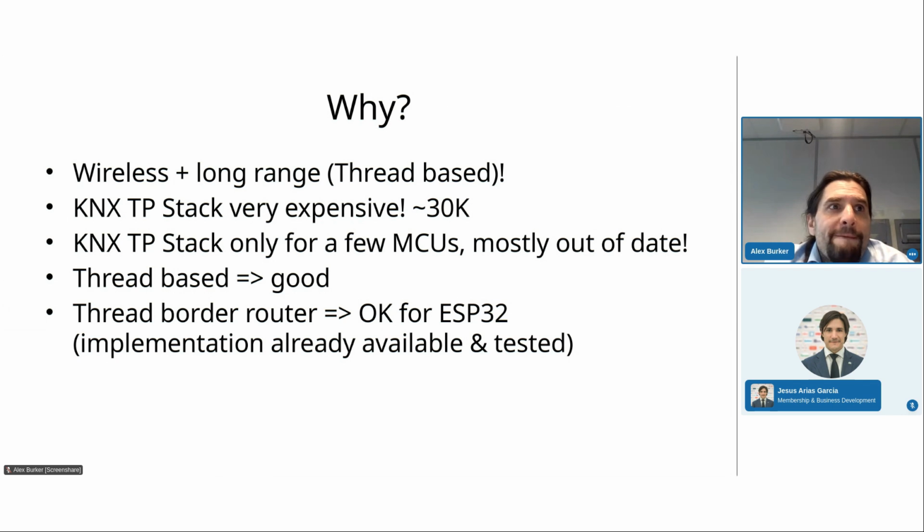We already had ESP32s in the portfolio, and that's why we wanted to use them. There is also an OpenThread implementation already there for the ESP32s, and there's also a Thread border router already there. You can buy an OpenThread border router test platform for around 10 euros.